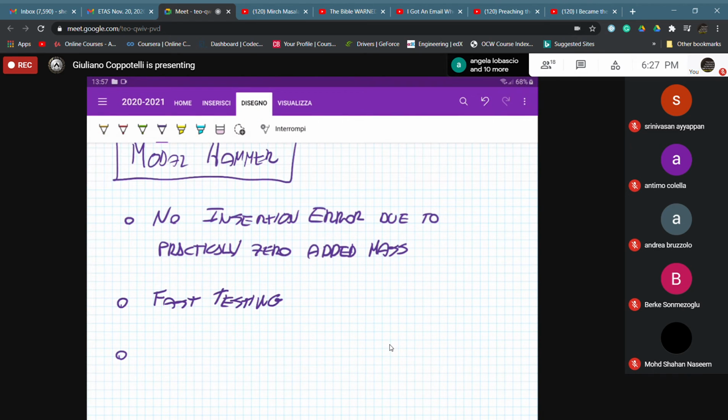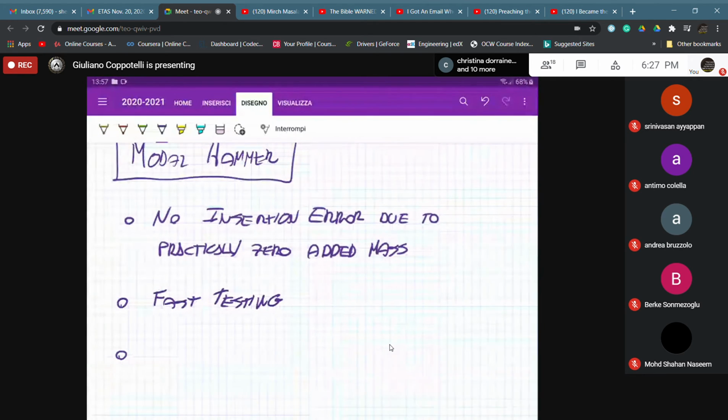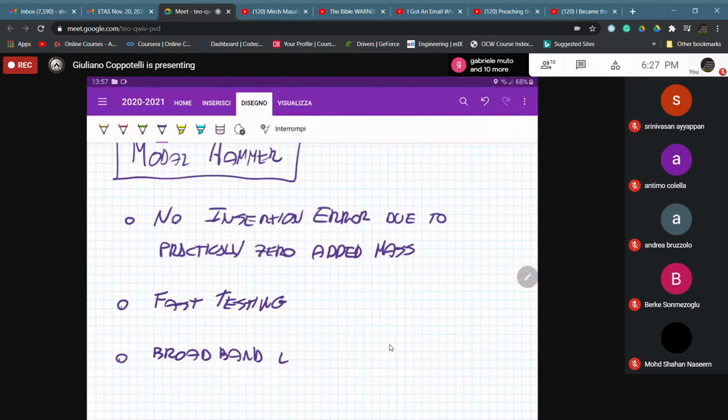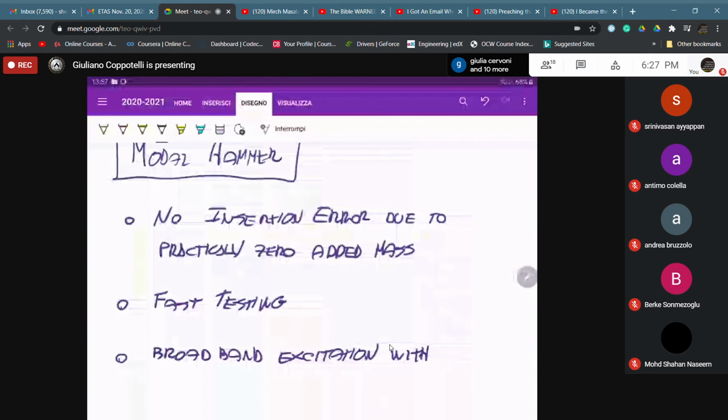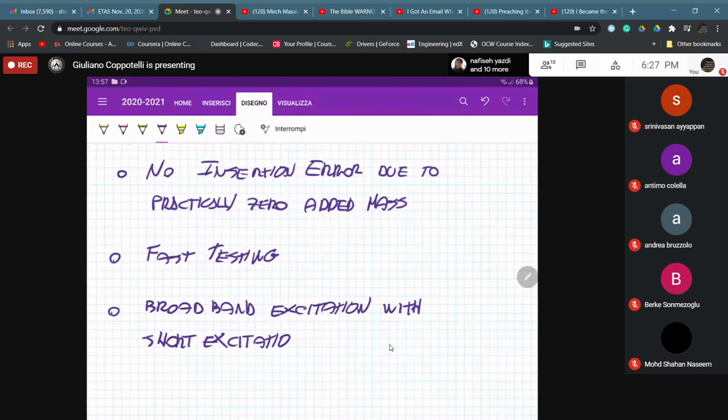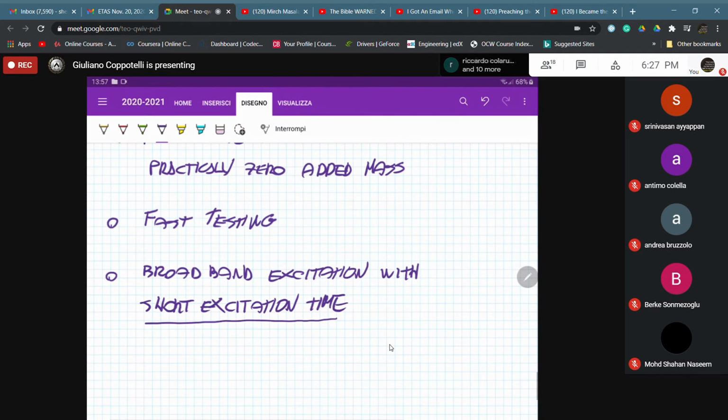Let me write this. Broadband excitation with short excitation time. And that is one of the most convenient properties of that.